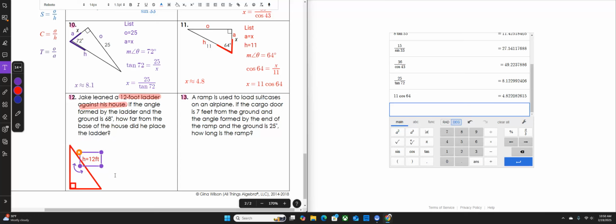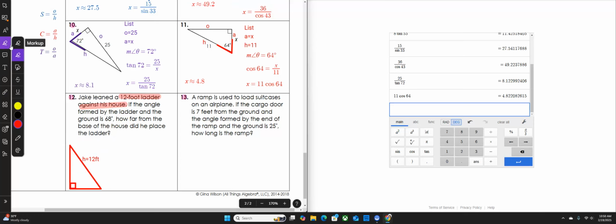Okay. Now they tell us that the angle formed by the ladder and the ground, so the angle between the ladder and the ground, is 68. The ladder is the hypotenuse. So the angle we are concerned with is this one right here. I'll make this small, and I'm going to put 68 degrees.